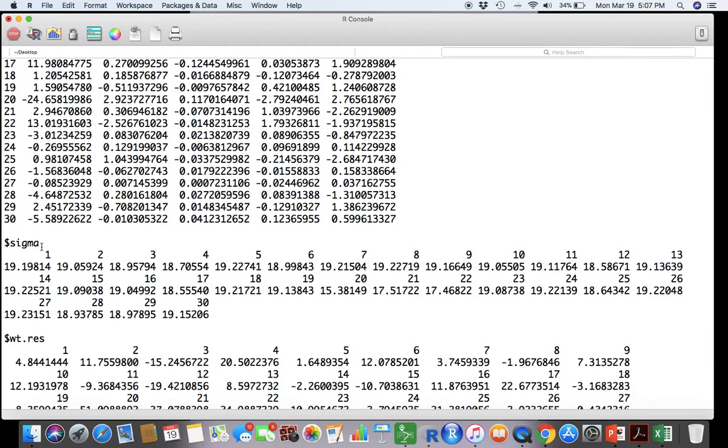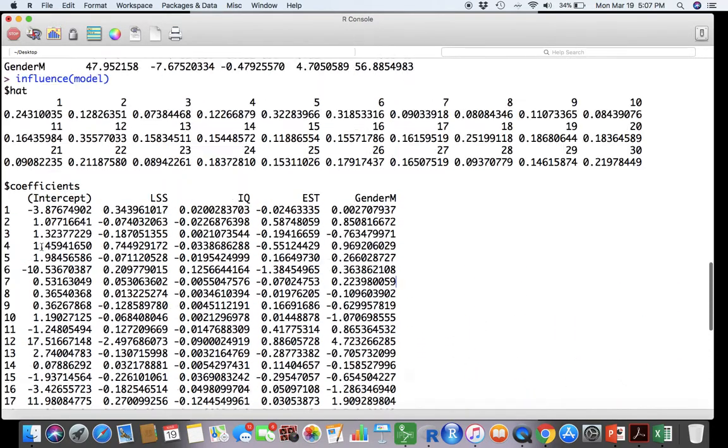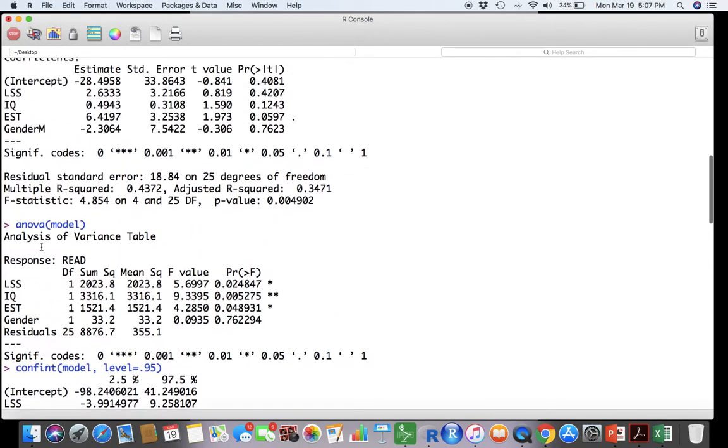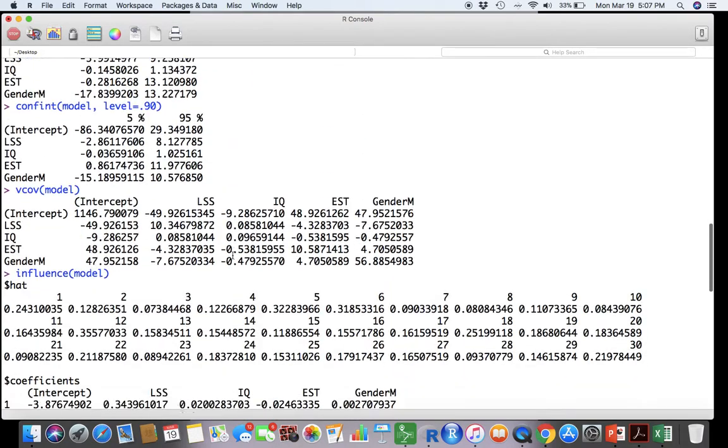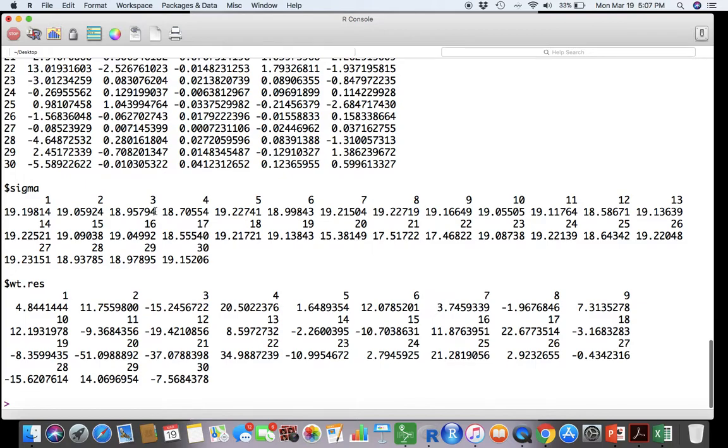$sigma is just another vector where the ith element estimates the standard deviation of the residuals if the case is dropped. So if we come up, part of our output on the coefficient output is the residual standard error. So we can see we have degrees of freedom 25. Residual standard error, think of that as like the standard deviation of the residuals, 18.84. So when we come down here, I eyeball these. I don't really see a drastic change.